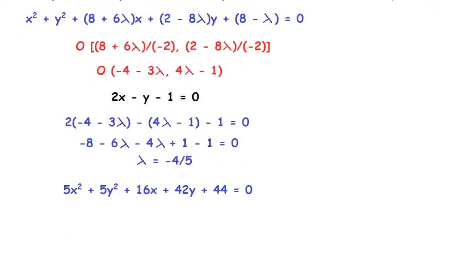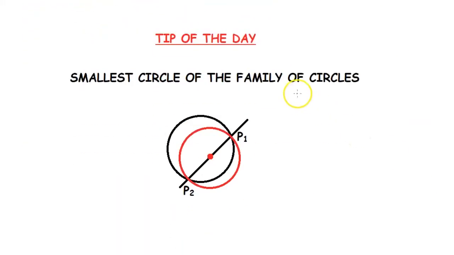So, we need to understand that the smallest circle will be the circle whose diameter extends from P1 to P2. That is, the points P1 and P2 will be the diameter of the smallest circle. This means that the center of the smallest circle will also lie on the straight line that is given. Now using this information, you can find the equation of the smallest circle.